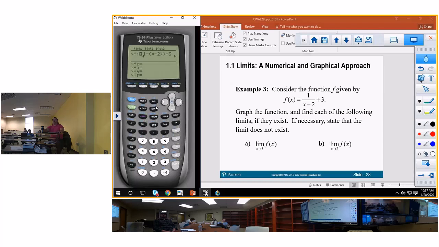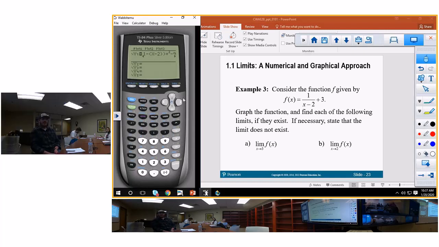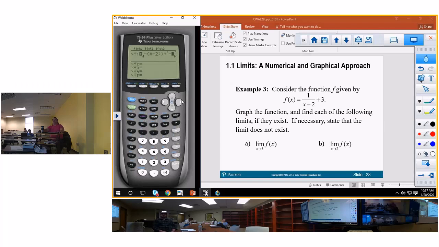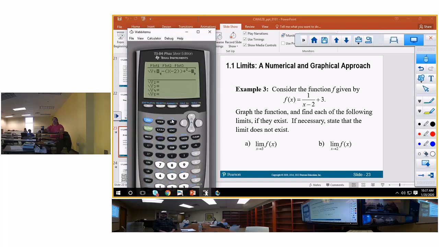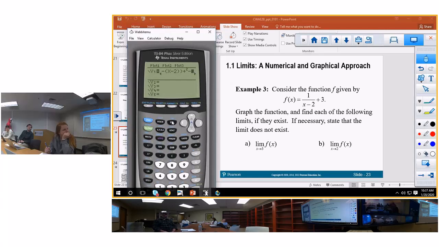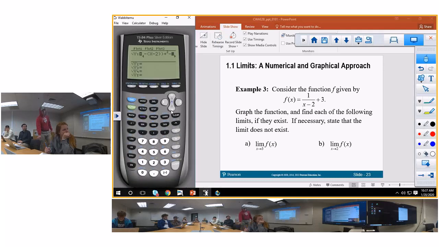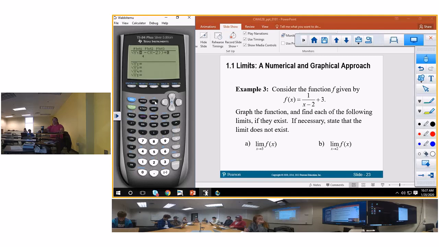I hate the TI. Oh my God. It keeps backspacing. I don't want it to backspace. I guess that's right. Plus 3. Oh, now it takes it. Okay. All right, and hit graph.